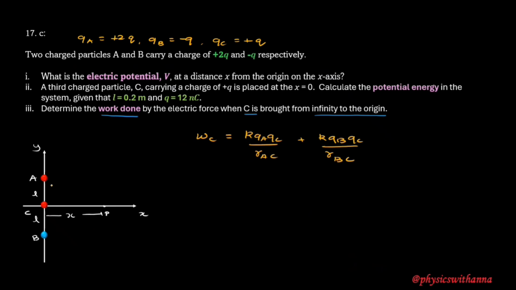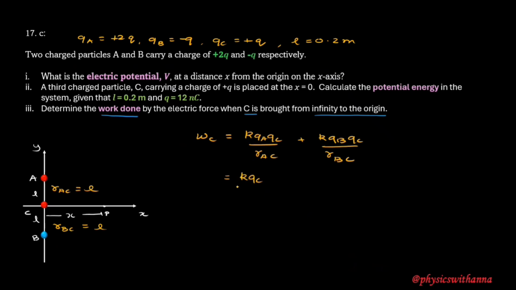RAC is the distance between charge A and C, and we know from the figure it is equal to L. RBC is the distance between charge B and C, which is also equal to L, and L is given as 0.2 meter. Now let's take the common terms outside. K, QC are present in both terms here.